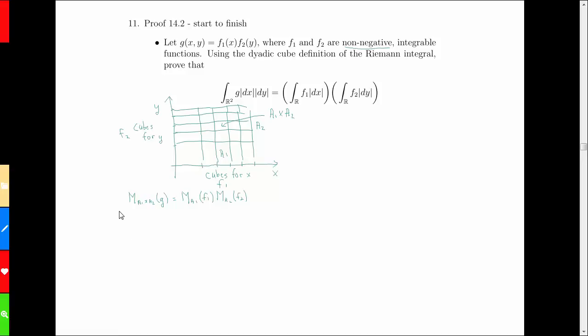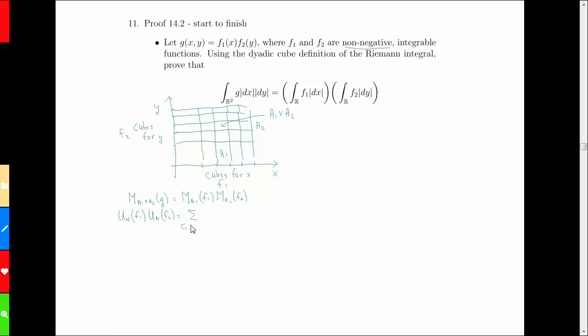Okay, it's always easier to expand than to factor. So let's take the upper sum for f1 and multiply it by the upper sum for f2 and see what we get. We're going to be summing over cubes.